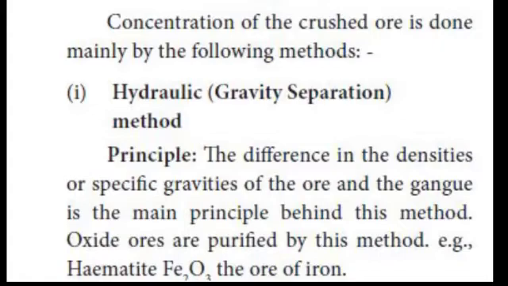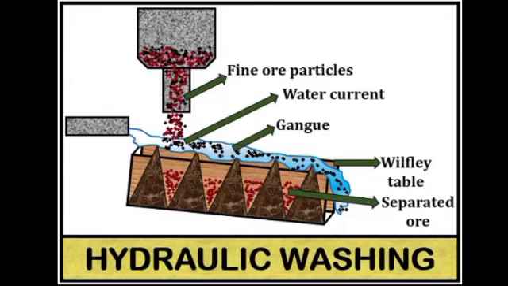Oxide ores are purified by this method. Example, hematite, Fe2O3. This is the ore of iron. So this is a hydraulic washing method.